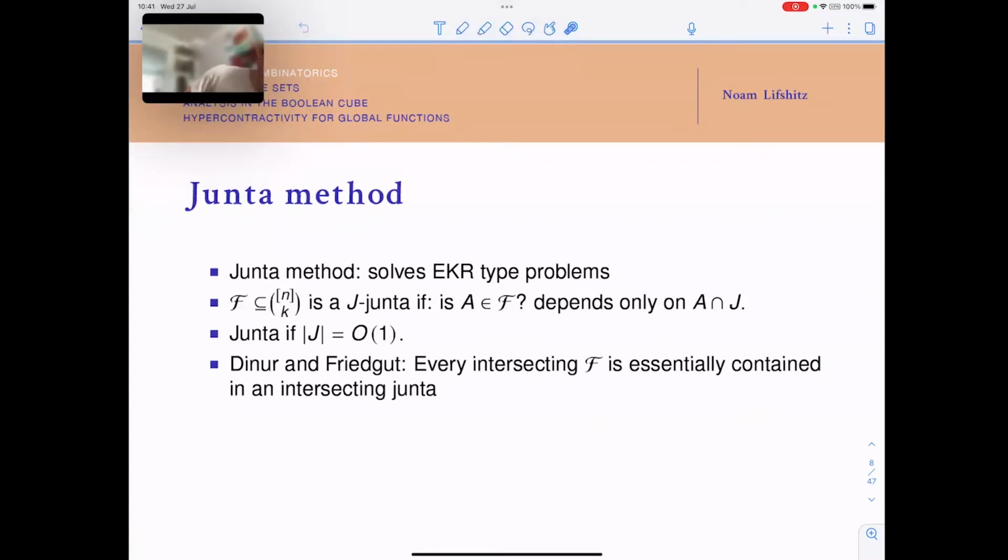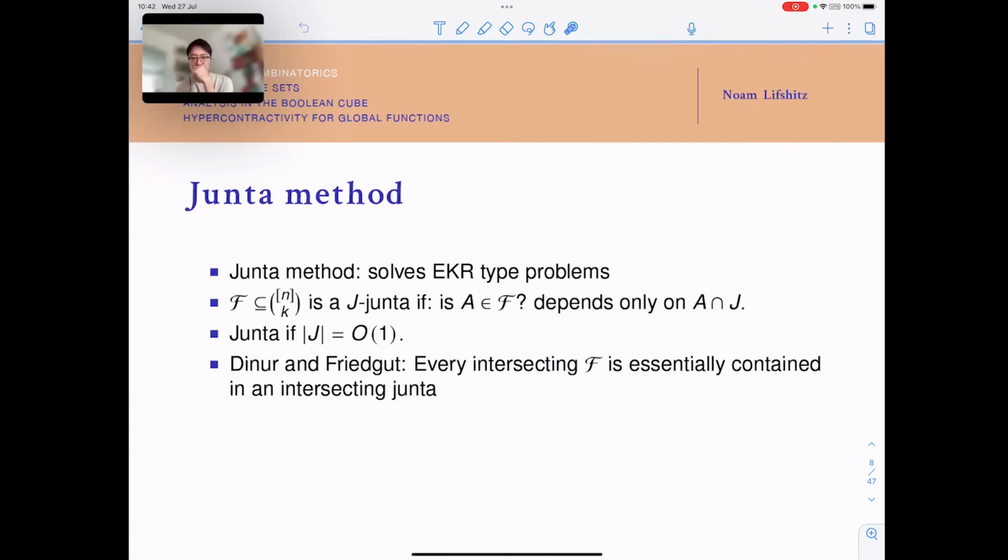It means that if we want to determine whether a set A belongs to the family, we only need to check its intersection with a set J. So if we want to check whether a set belongs to the family, we need to check its intersection with a given set of vertices. If J consists of one element, this is the dictator. We only need to check the intersection of A with a single element to know whether it belongs to the dictator or not. And it turns out that you can use this notion of a junta to solve Erdős-Corrado type problems.